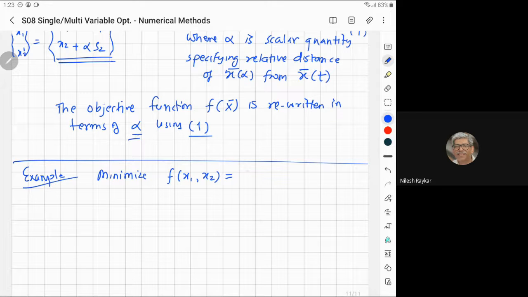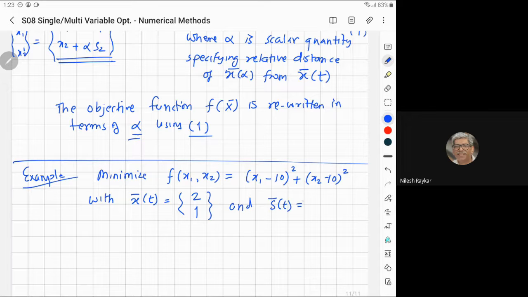So we'll take our standard function, that is the equation of a circle. If we are trying to minimize this function, we know that it will have its minima at x1 equal to 10, x2 equal to 10, where it will have the minimum value, that is 0.